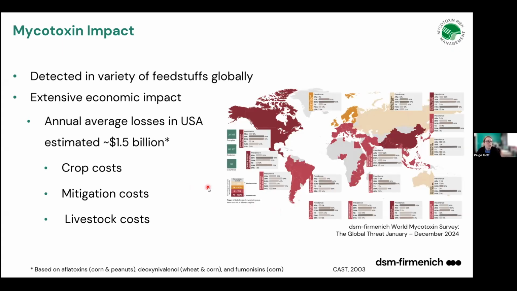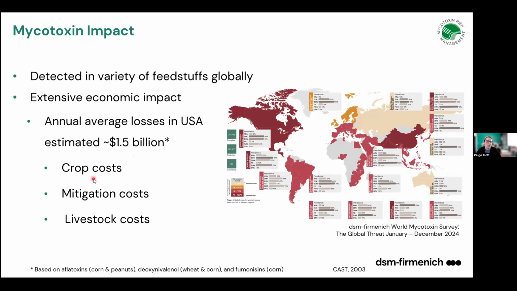A concern with mycotoxins is that they do cause an extensive economic impact. There are some estimates here from 2003 that annually in the US alone, the estimated impact of mycotoxins is $1.5 billion. That's taking into consideration crop related costs.